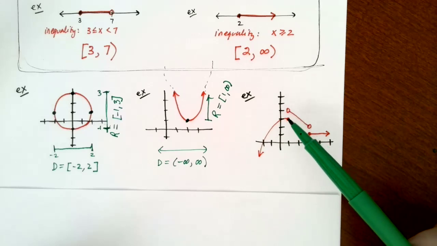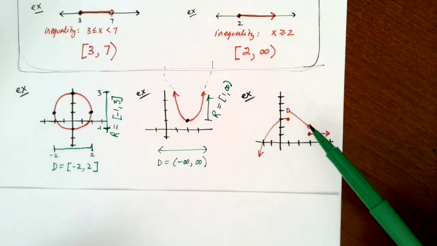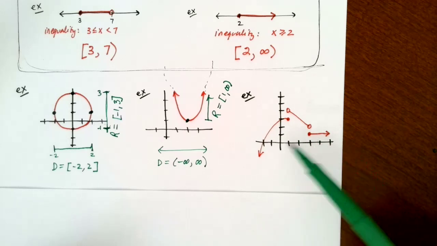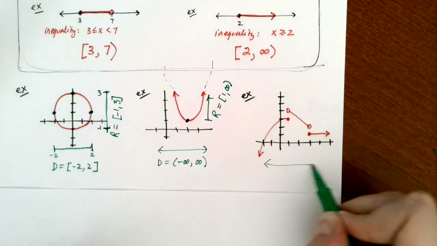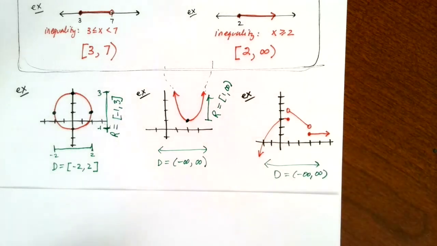As soon as you're past x equals 1, you're up here and you're still using x values. Same thing here. The graph drops off, but it picks up at the exact same point and keeps going. So there are no actual x values that aren't getting used somewhere. So the domain is the same as the last one, -infinity to +infinity.